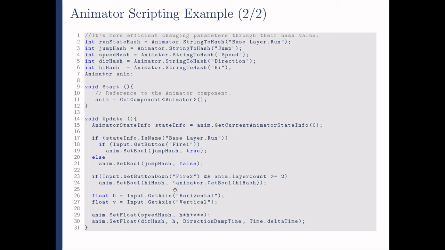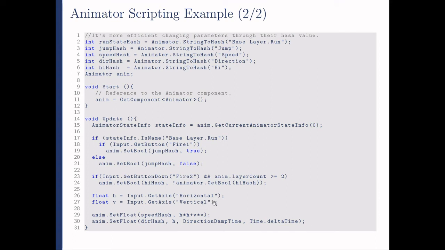You could have another parameter here called high hash that comes from this parameter high. Essentially it is setting this value to the opposite of the actual value. So every time you press the button mapped to Fire2, you start the wave animation, or if the animation is already started, you stop it, just by toggling between the values true and false every time Fire2 is pressed.